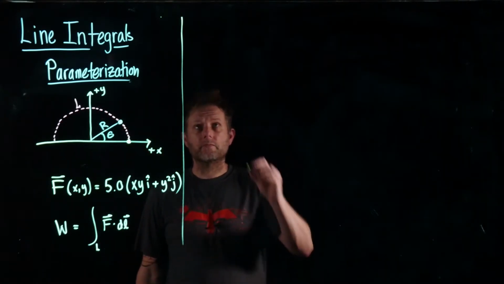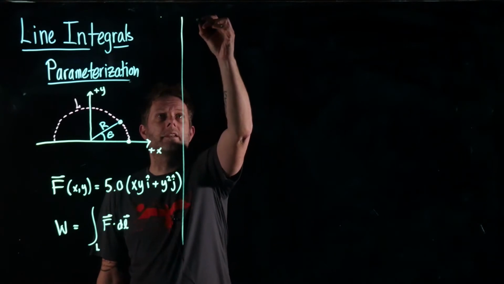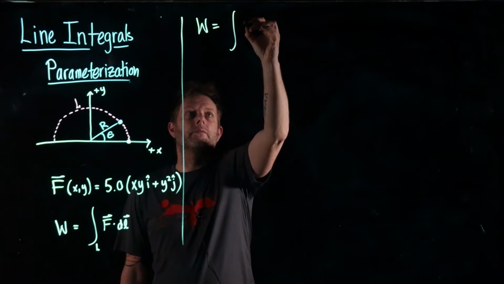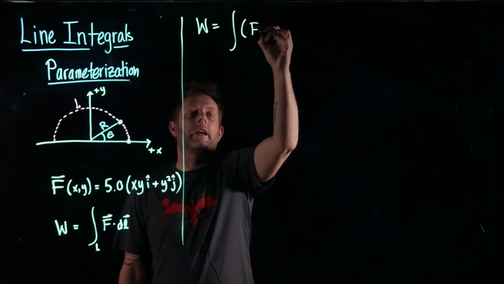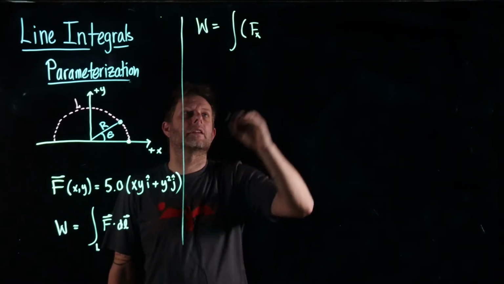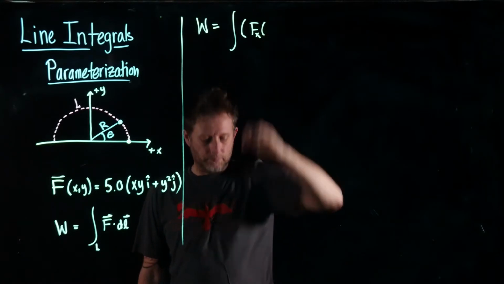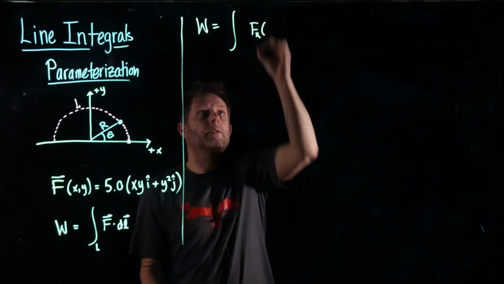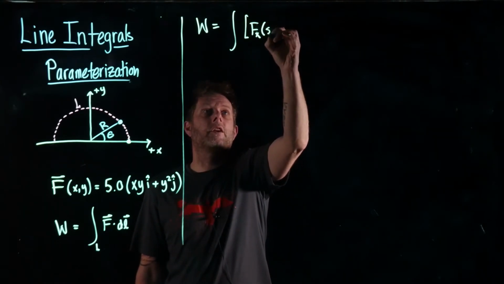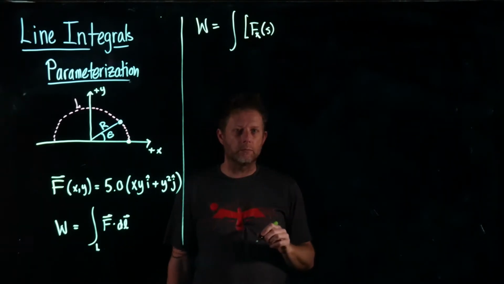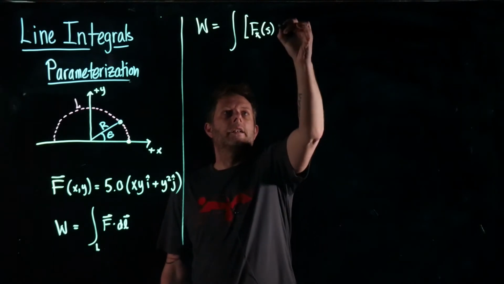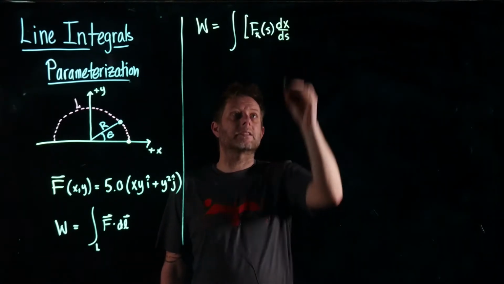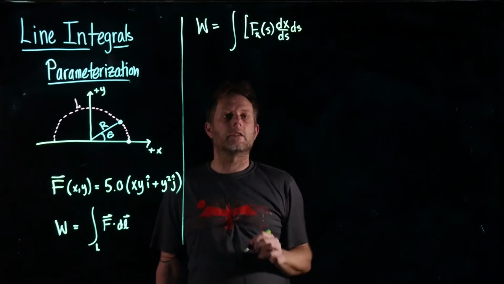So we're going to say this work can be written as the integral of f of x, which can be written as a function of some parameterization variable s, then the derivative of x with respect to that parameterization variable s times the differential of s.